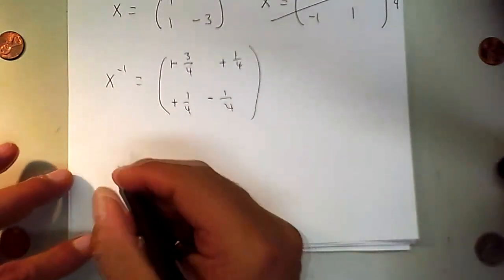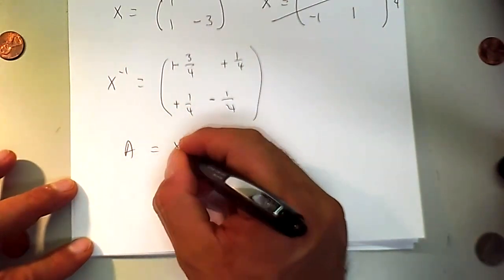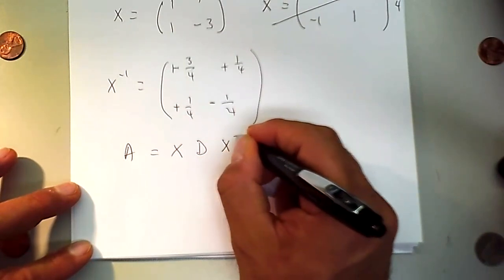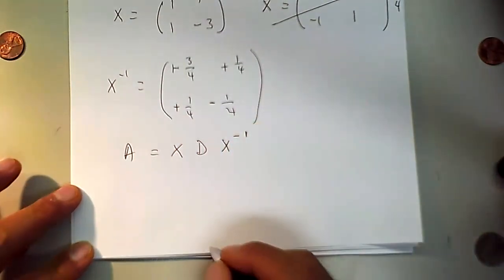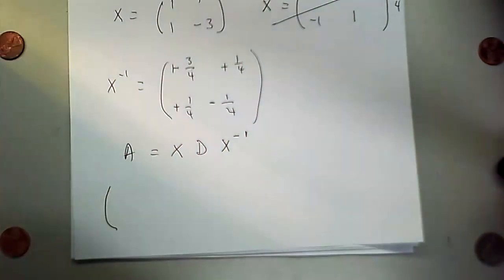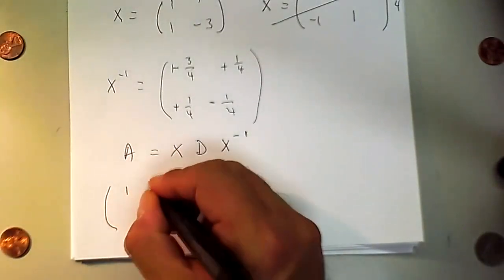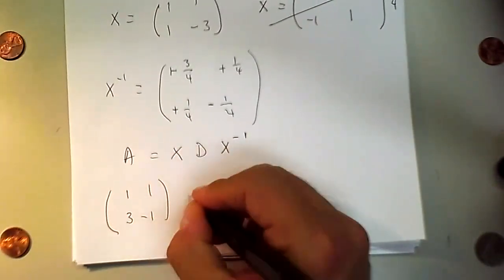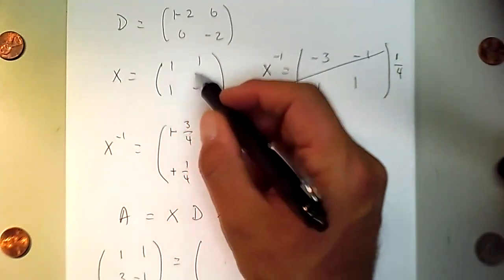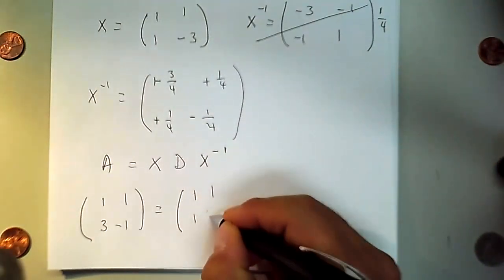So the claim is this. The original matrix A is equal to X D X inverse. The original A we started out with is 1, 1, 3, -1. X is 1, 1, 1, -3.